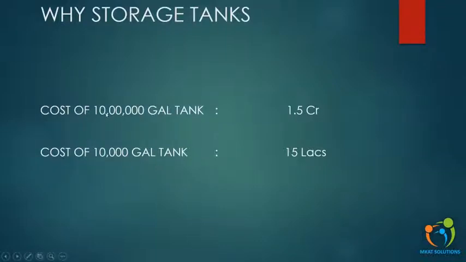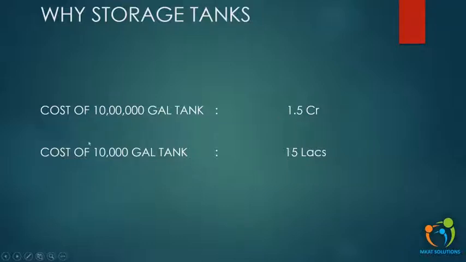Let us see, I have a tank with a storage capacity of 10 lakh gallons. The cost of roughly that 10 lakh gallon tank, the fabrication cost, including your material and design, everything, is roughly 1.5 crore.